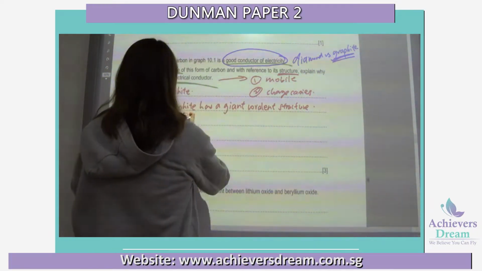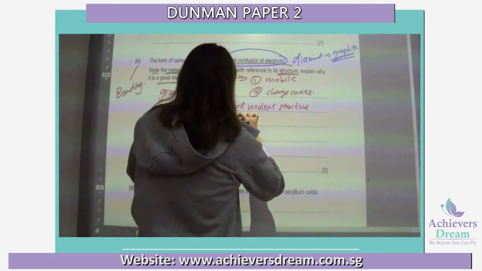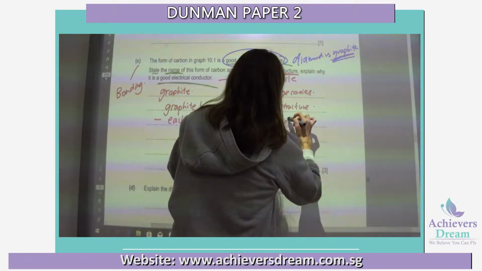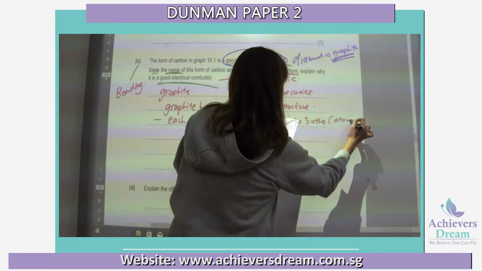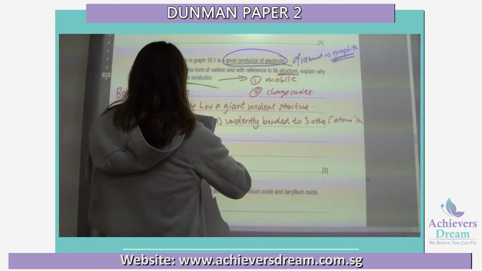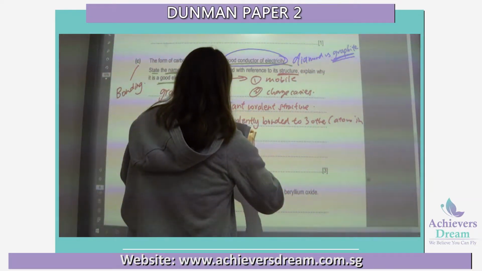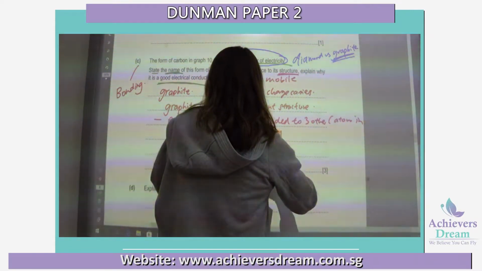So, each carbon atom is covalently bonded to 3 other carbon atoms in a hexagonal plane arrangement. All this is directly from your chem bonding notes, so just refer to your notes.